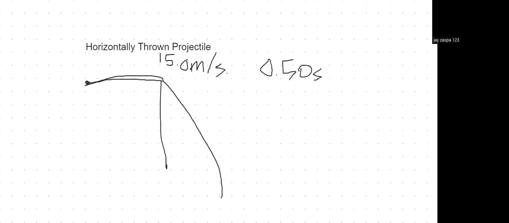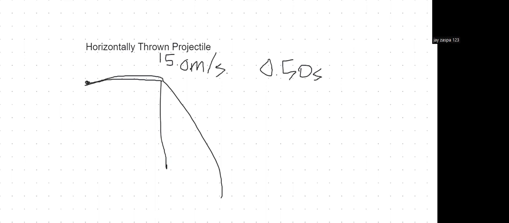In this case, it is very easy to identify because you are asked how far does it travel. That means it asks you what is the distance. Since we have the given speed and the given time, we can directly solve the distance of this given problem.